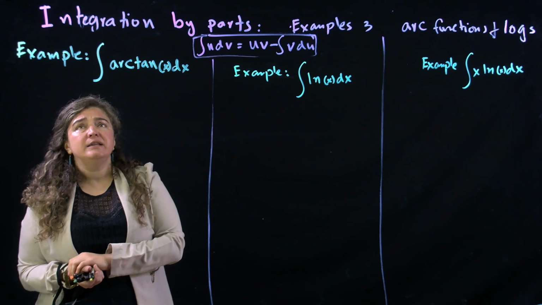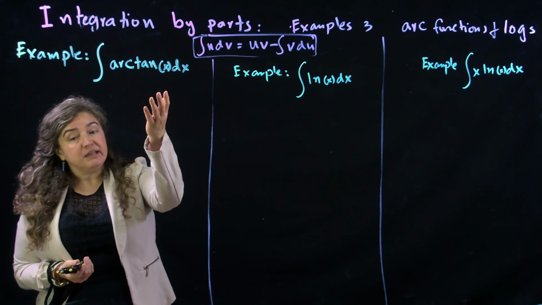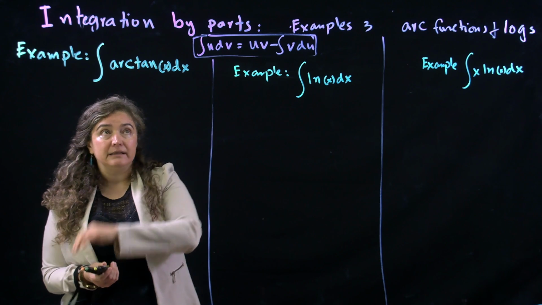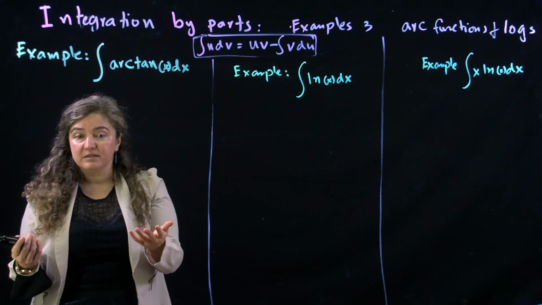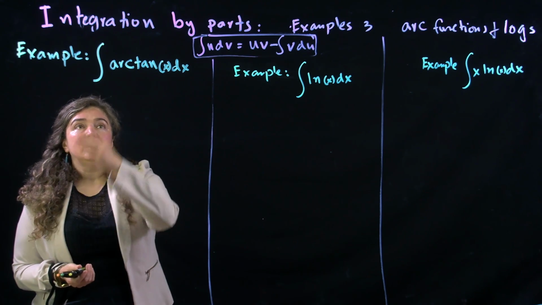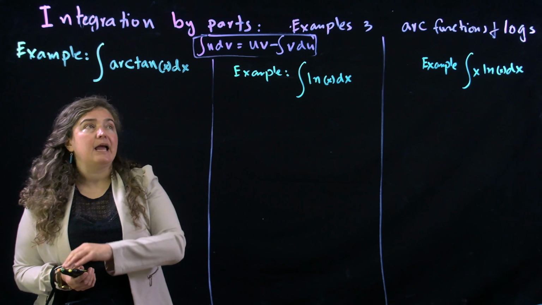So the first time around, I'm looking at this, and I don't even see a product inside the integral of arctan of x dx.